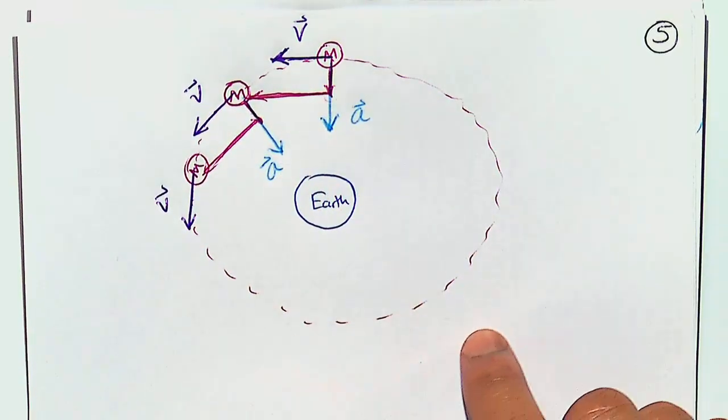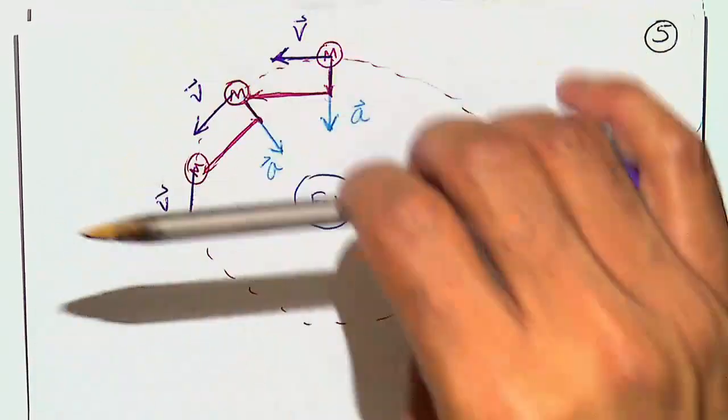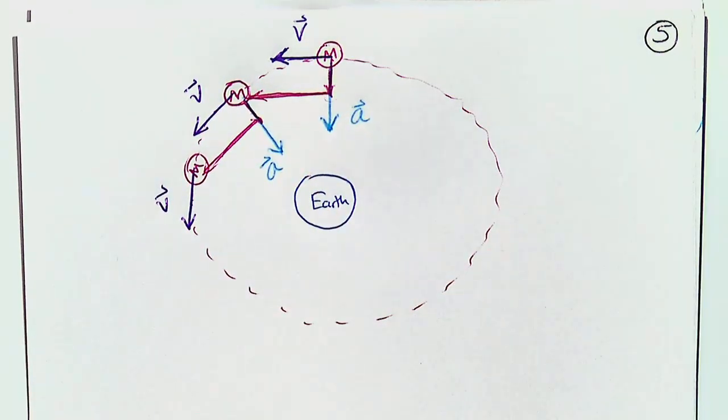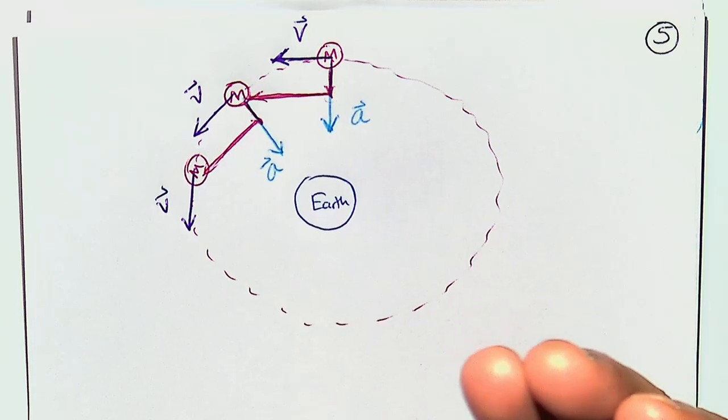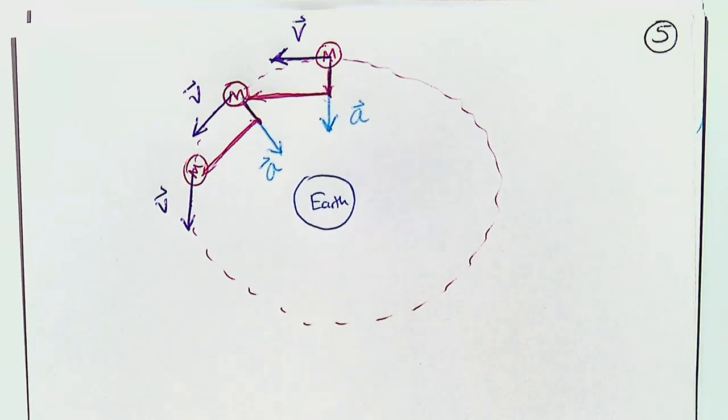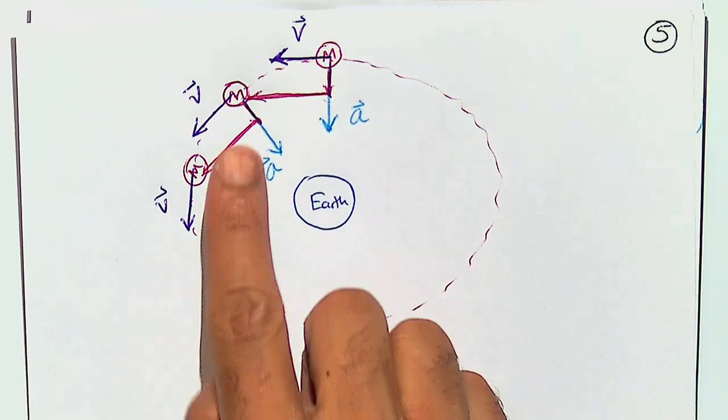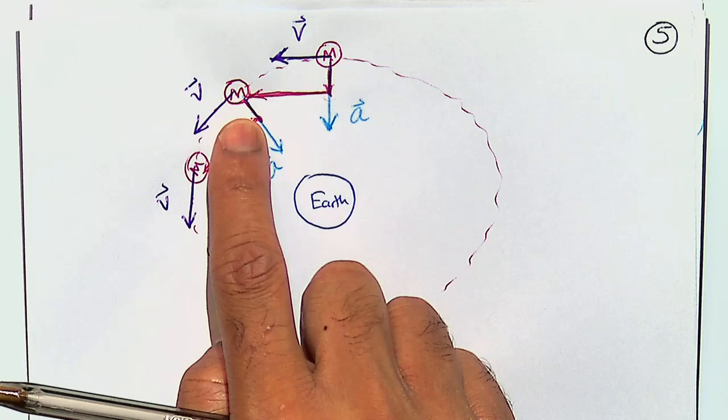It's the same magnitude, but the direction of the vector keeps changing, because the acceleration causes the velocity to change with time. That could mean it's going faster and faster or slower and slower, but it also could mean that the velocity's direction is changing.